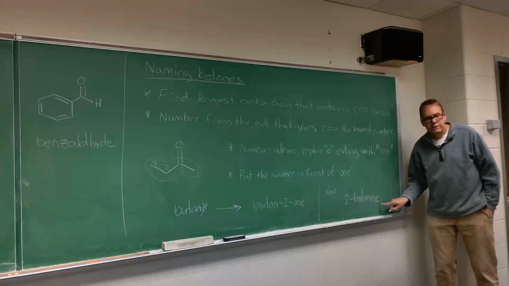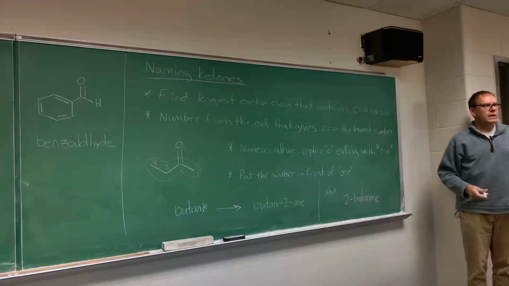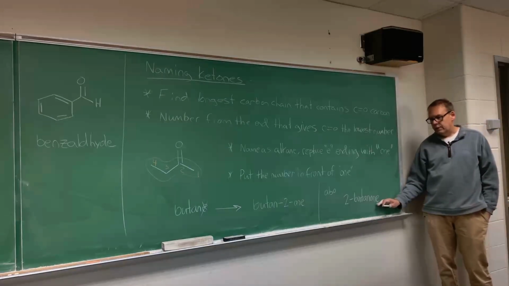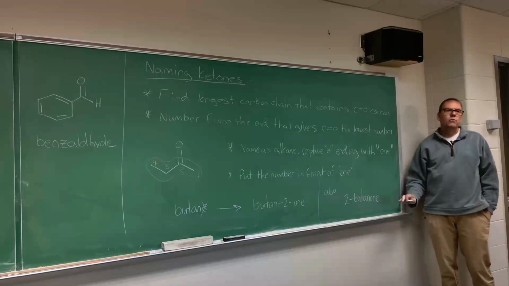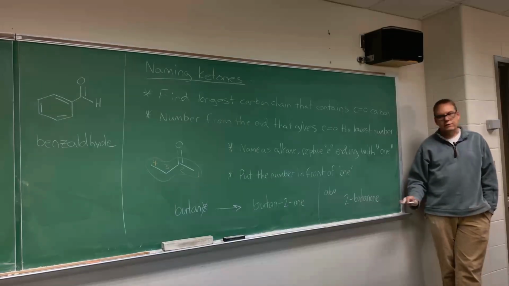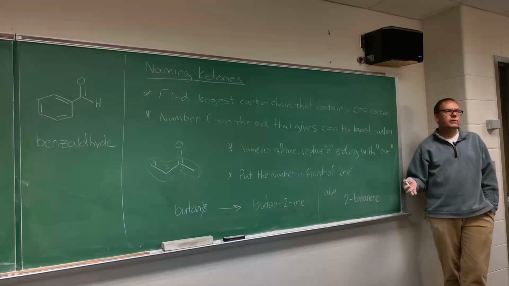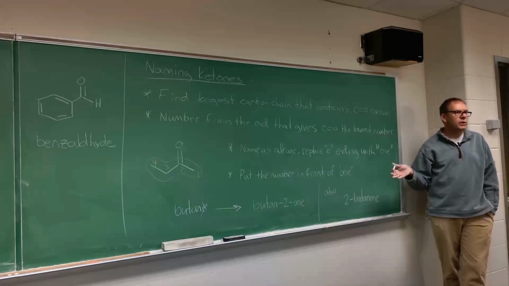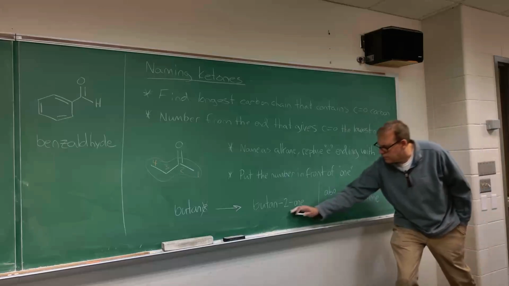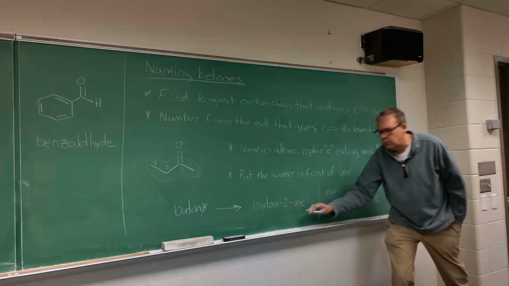You won't need to know this version of the naming for the exam. I won't ask you questions like this, but I know there's at least a couple in the homework that still use the older nomenclature, so it's just a matter of where is the preferred place to put the 2 or the number locator. Closest to the functional group is the logical place to put it.